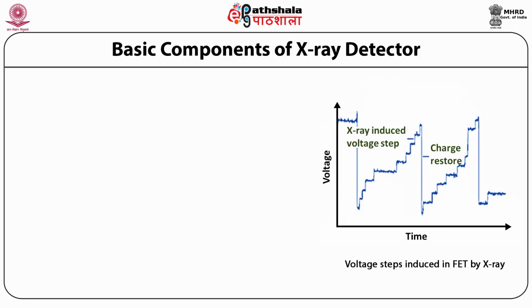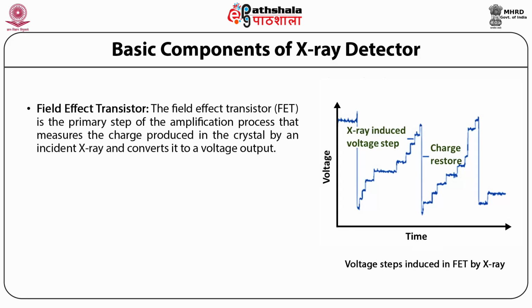The fifth component is a field effect transistor. The field effect transistor is the primary step of the amplification process that measures the charge produced in the crystal by an incident X-ray and converts it to a voltage output.